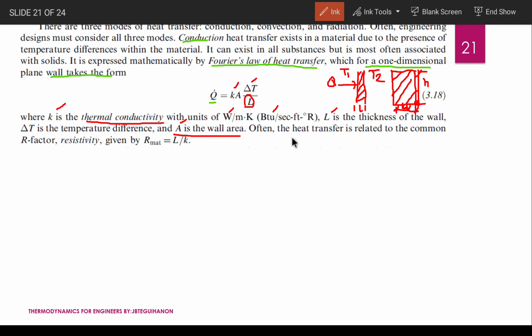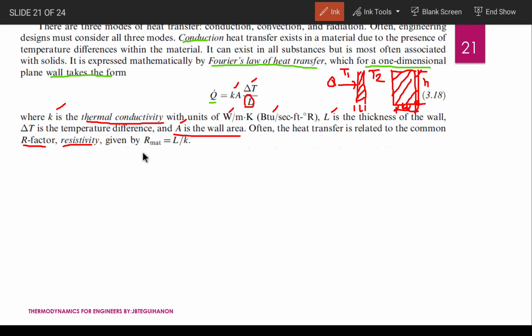Okay? So, yan yung ibig sabihin. Often, madalas daw, the heat transfer is related to the common factor R. Okay, ano yung R na yun? Resistivity.